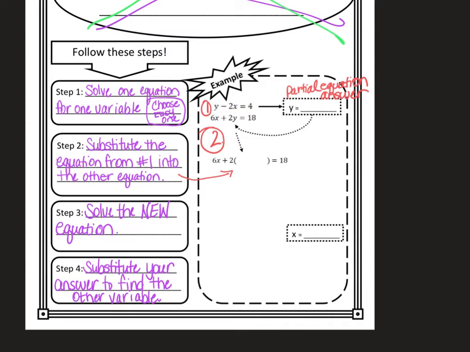And I'll show you that in just a moment, okay? Step 3, you solve the new equation, okay? You're going to get the answer. You're going to substitute your answer to find the other variable. We're trying to find x and y. Now, let's do one of these together, all right?